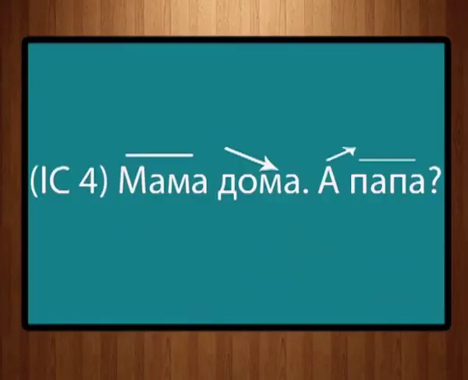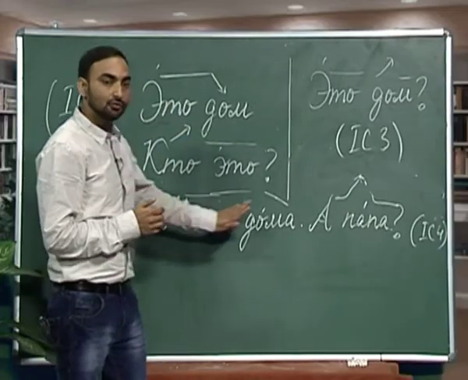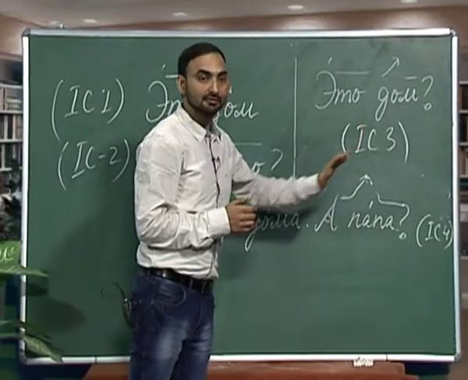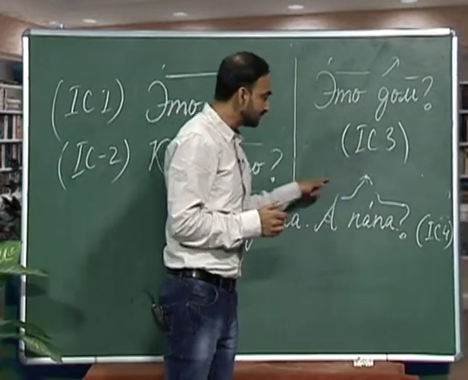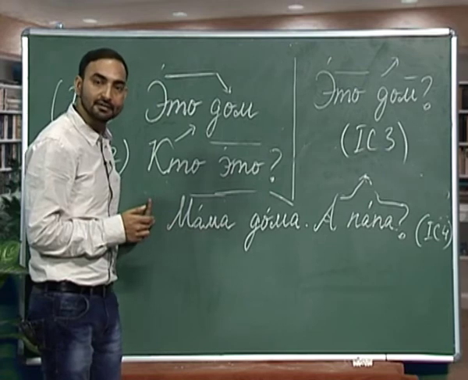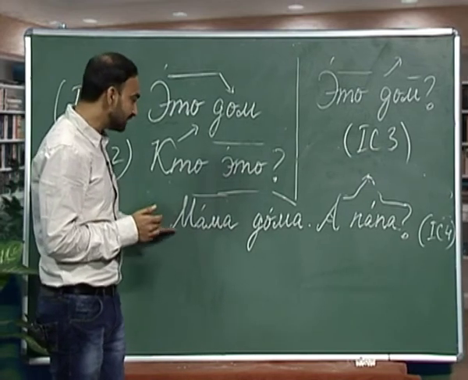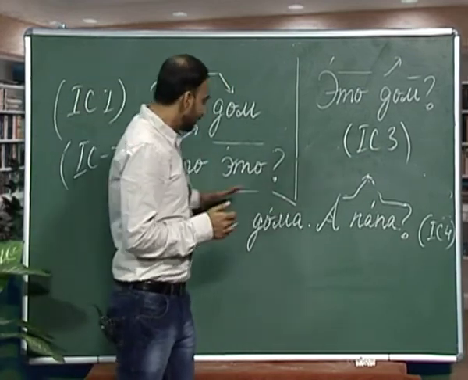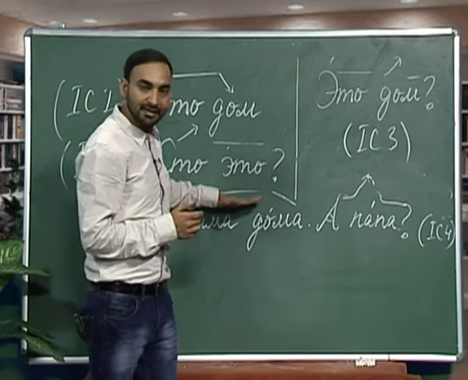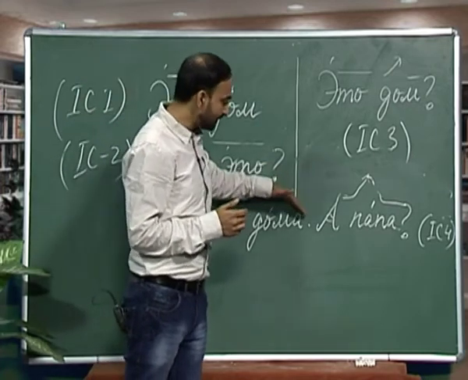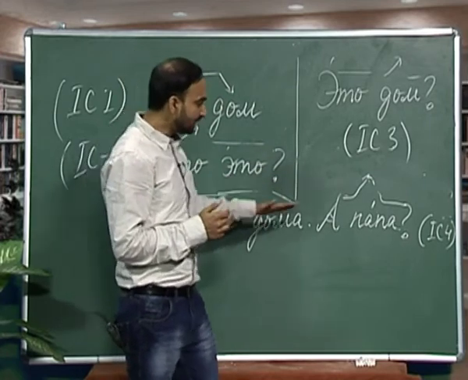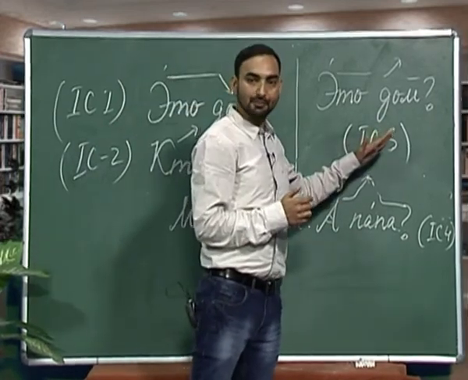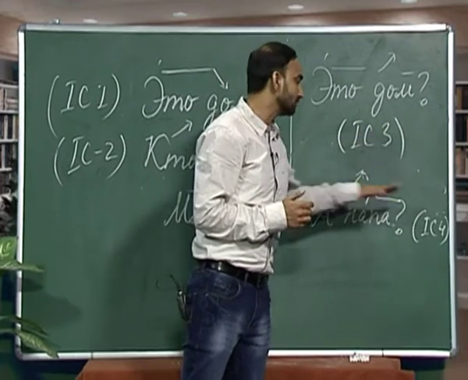So, the next intonation construction we have is Мама дома, а папа? This is a case of an incomplete interrogative sentence. So, you start from the medium pitch, it comes down towards the last stressed syllable and then again it rises up and comes down.